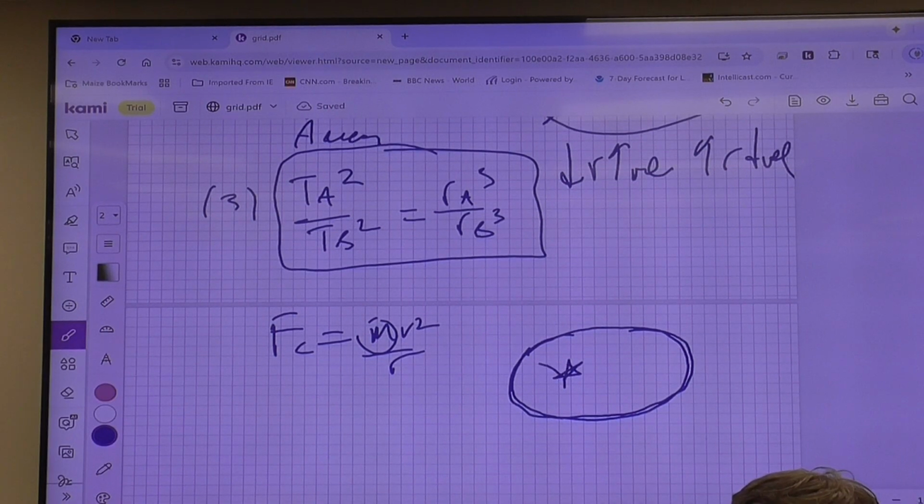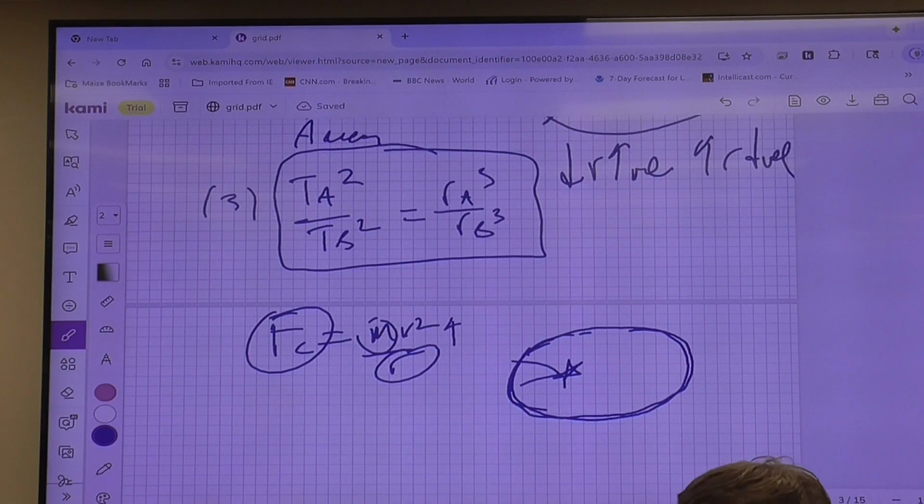As it gets closer, what happens to the velocity? It goes up, and it gets squared, okay? What happens to the radius? It becomes smaller. So what happens to the amount of centripetal force that Mars needs to slingshot around the sun?